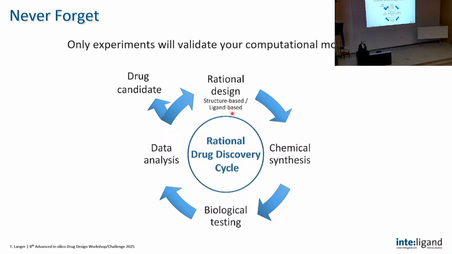So compounds that might not be efficient enough, might be toxic, or might have some other undesirable problems, so that right from the beginning we can make a hierarchical ranking of compounds, I would say. But again, only experiments will validate your models.